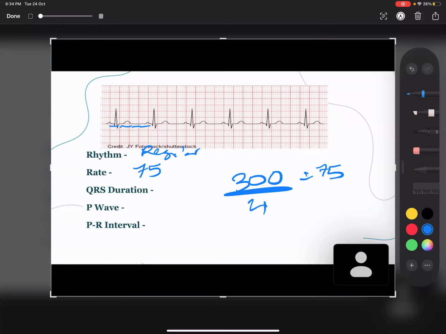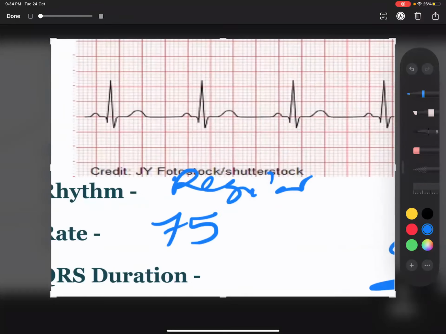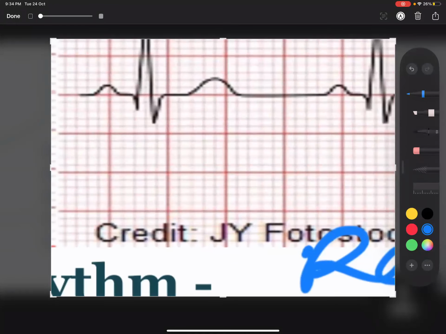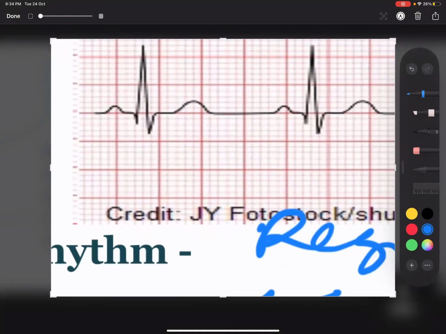What is the QRS duration? We know that each small, tiny box is equal to 0.02, right? Just say if it's normal or not normal. Do you think the QRS duration is normal? I think I can zoom. There you go. If you can see it, it's about 2 small boxes, and that's usually what a normal QRS wave is.